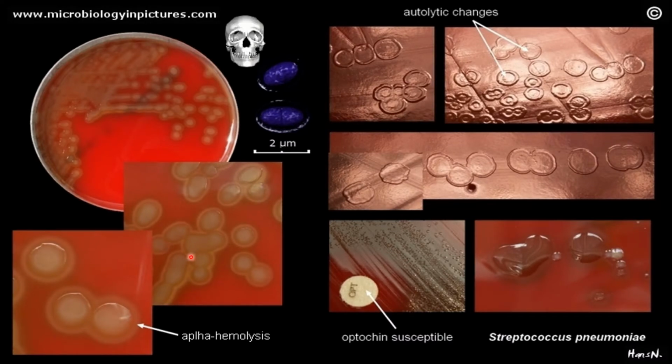And don't forget, Streptococcus pneumoniae is an alpha hemolytic bacteria. As you can see, it's not so clear, just a little bit.